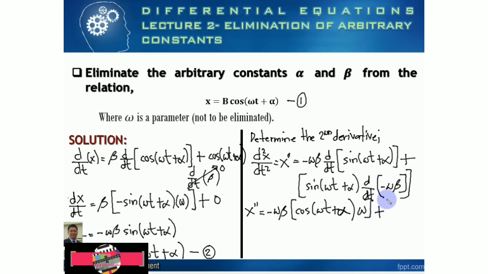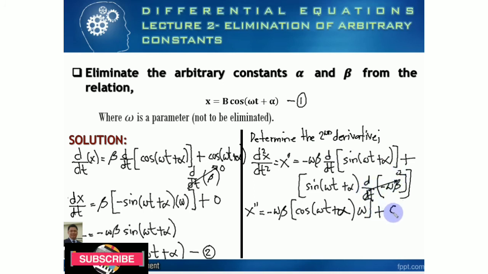Plus this one: beta is constant, and omega is also a constant, so the derivative of a constant is just equal to 0.